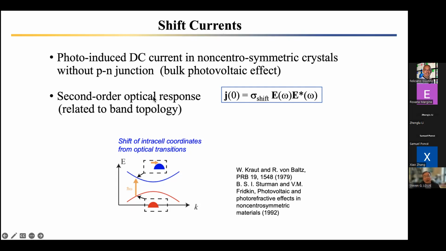It's a second-order optical response. That is, you get a DC current in the presence of an optical excitation field. And it's related to the band topology of your material, that is, to the shift of the intracell coordinate of the electron from the optical transition.